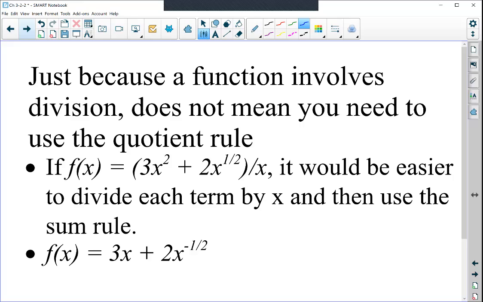You know, so if I divide every term by x, I get that 3x plus 2x to the negative 1/2. And now that derivative is much easier than using the quotient rule, I think. You may disagree, and that's okay. Agree to disagree.